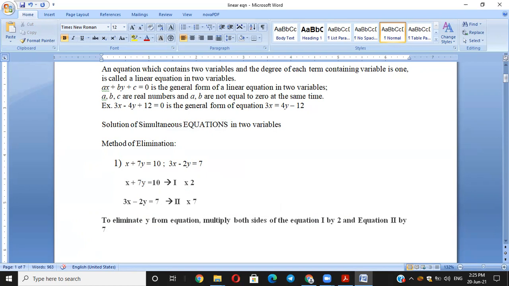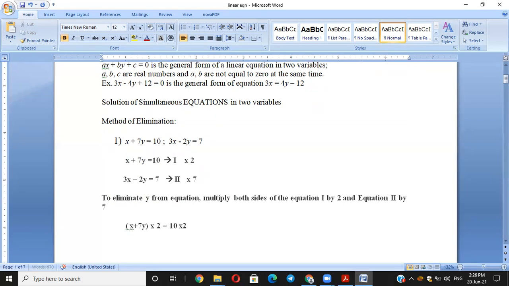So I have to multiply x plus 7y, the whole bracket, by 2, is equal to, I have to multiply the RHS also, 10 into 2, which means equation 1 should be completely multiplied by 2. Right. Now this will give me a result of 2 multiplied by x.